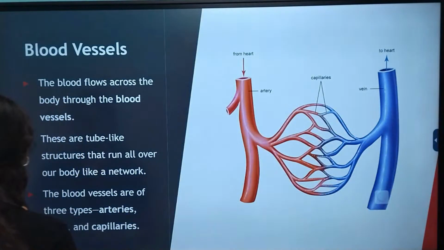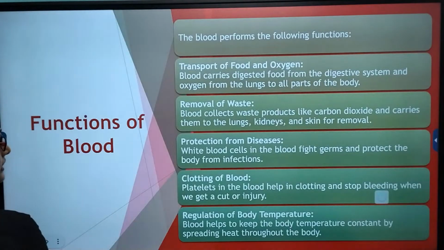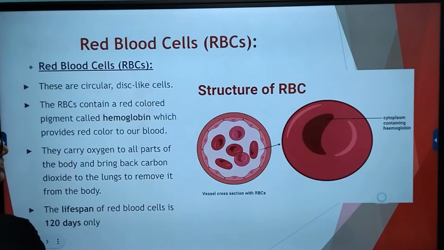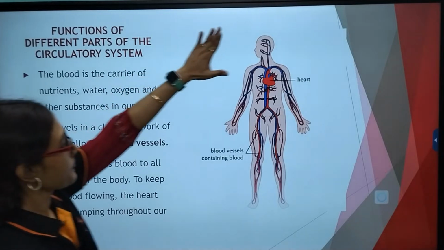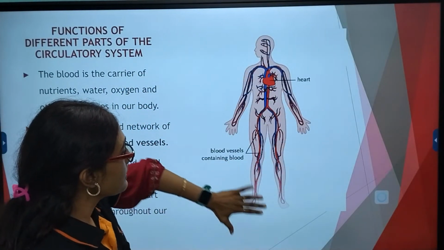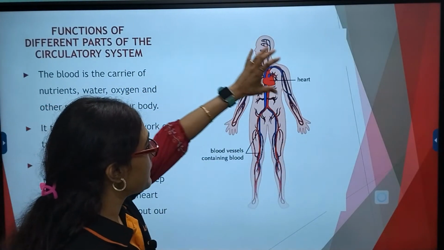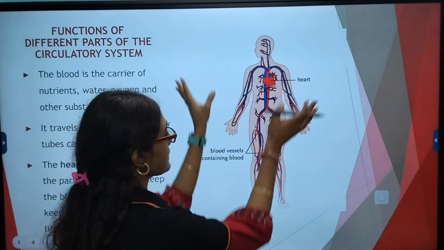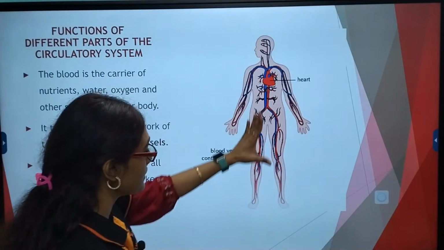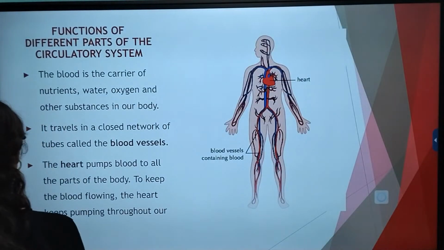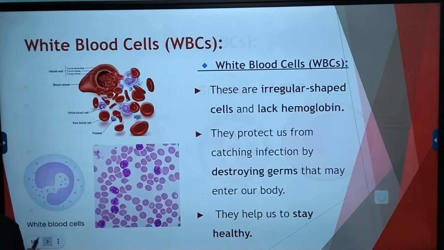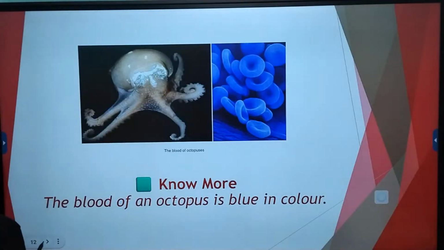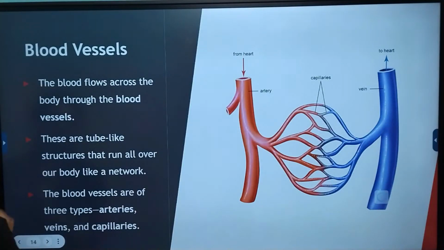Let us just review. See, it is forming a network. The blood vessels are dividing and subdividing and forming a network. So this we have learned: blood vessels carry blood, and they form a network-like structure.